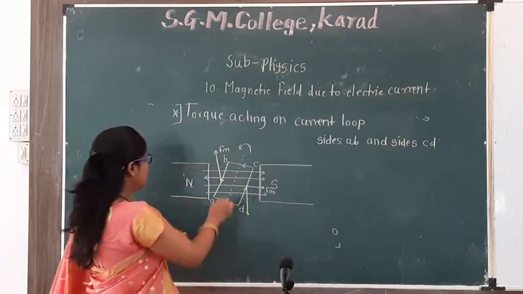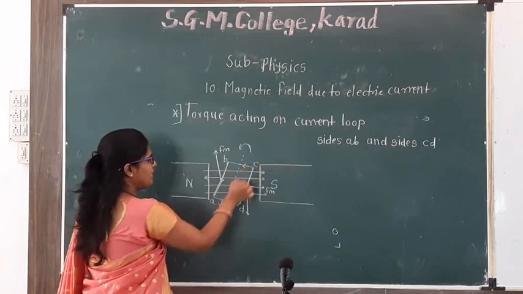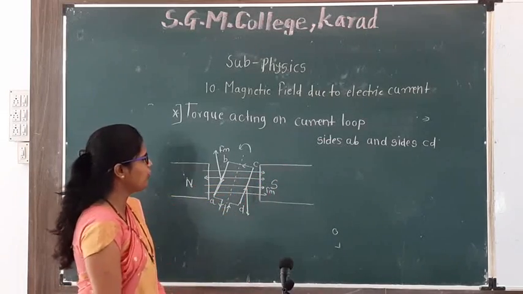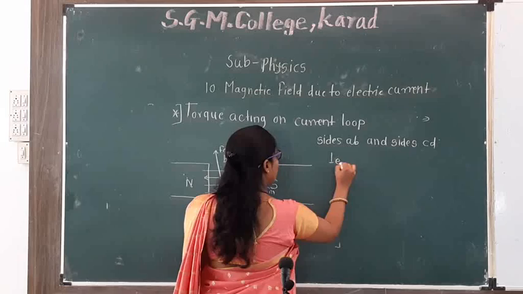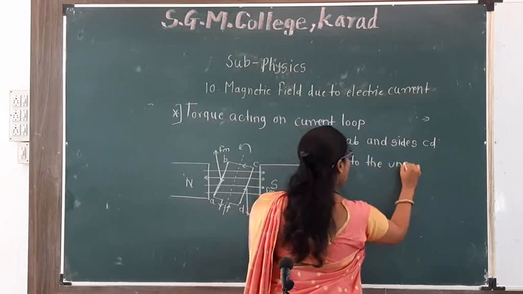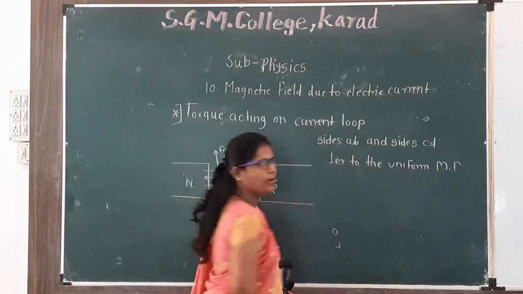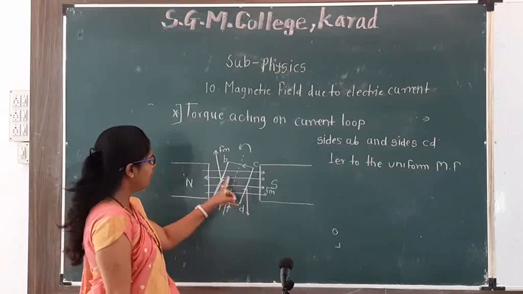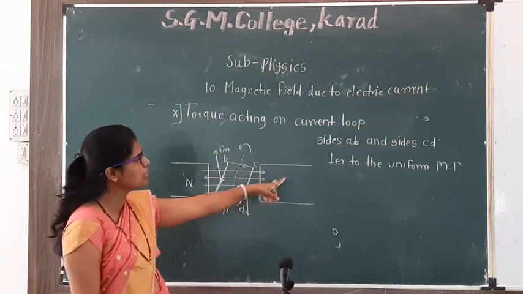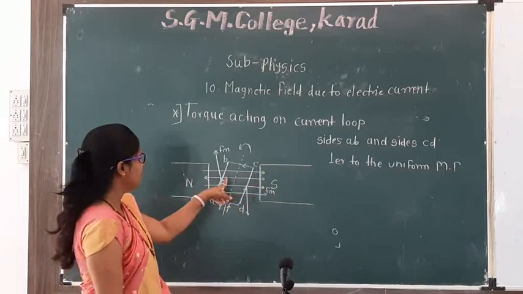These two sides, AB and CD, are perpendicular to the uniform magnetic field.